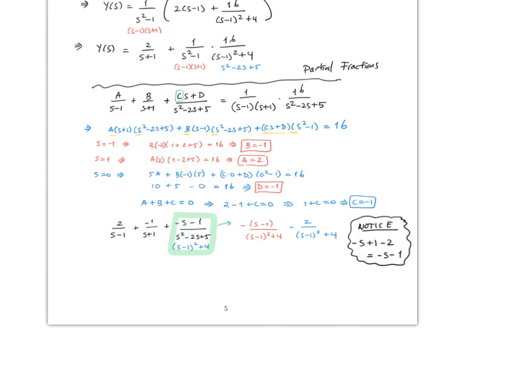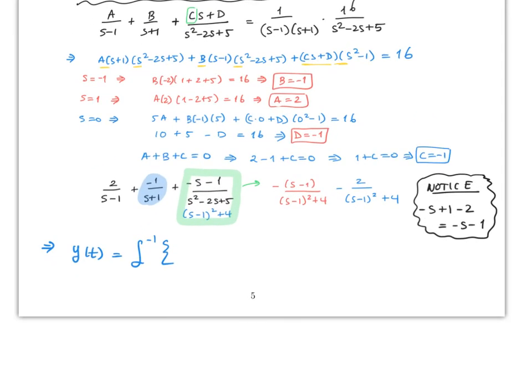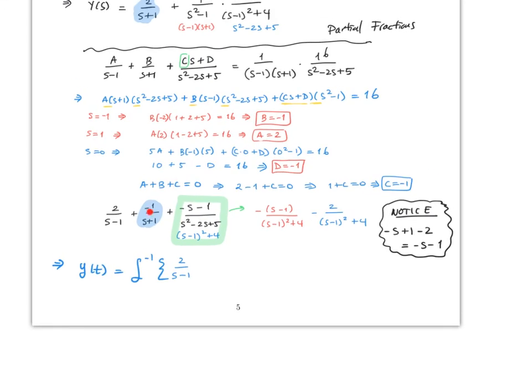So from here, y of t is going to be the inverse Laplace transform of 2 over s minus 1, and if you combine this and this, it will be plus 1 over s minus 1, and then minus s minus 1 over s minus 1 squared plus 4 for this part, and then minus this one.